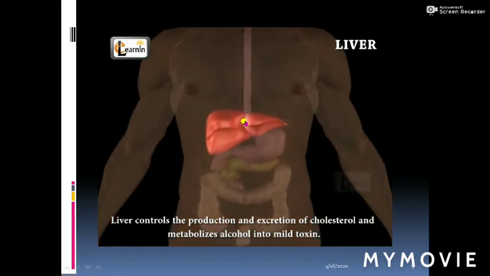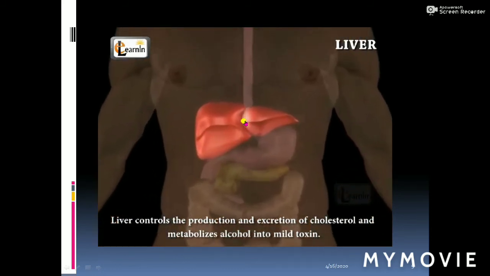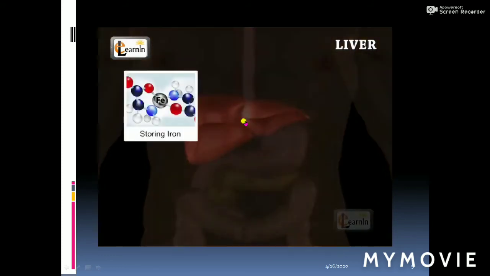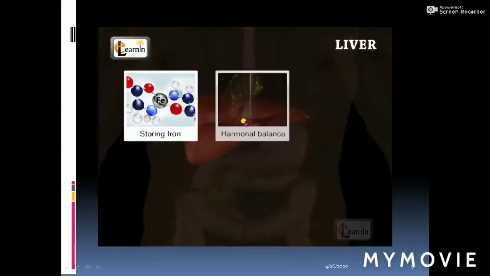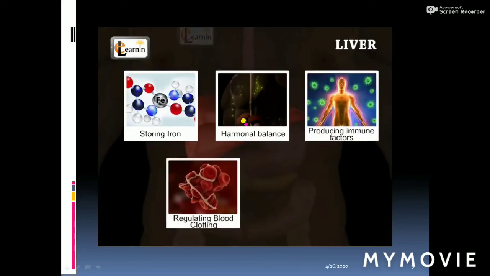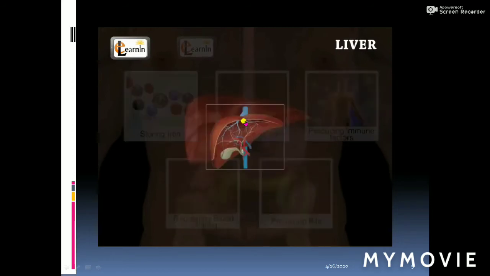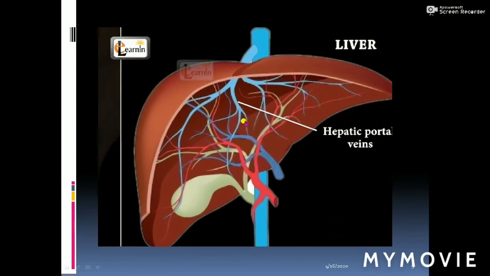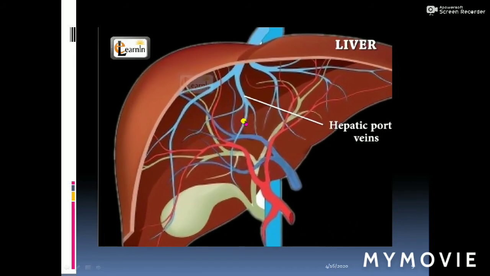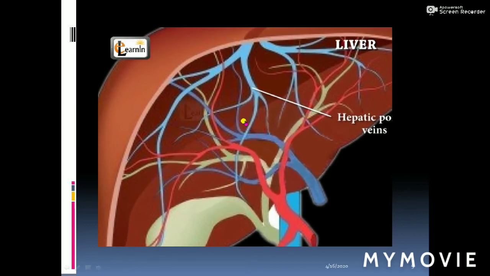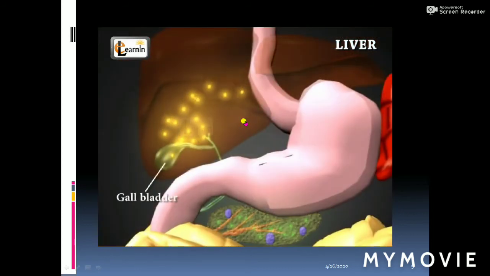The liver also provides essential energy-producing substances and supplies vital vitamins including iron, vitamin B12, and copper. The liver controls the production and excretion of cholesterol and metabolizes alcohol into mild toxin. It also performs many important functions, including storing iron, maintaining the hormonal balance, producing immune factors to fight infections, regulating blood clotting, and producing bile.